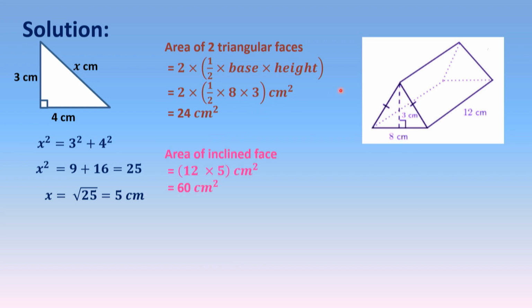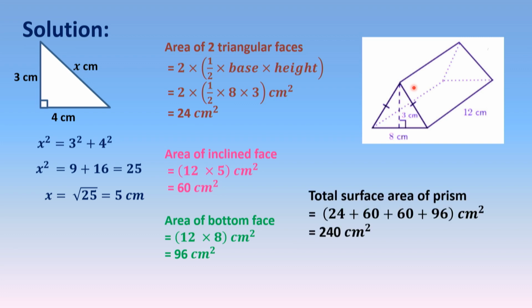Then I'm going to calculate the area of this inclined side. 12 times 5, that is 60 centimeters squared. Remember that we are going to have two identical inclined sides, one here and one on this side. Finally, area of bottom face, which is 12 times 8, 96 centimeters squared.